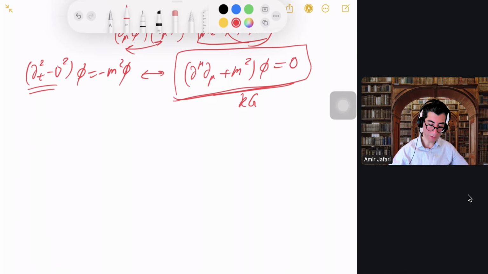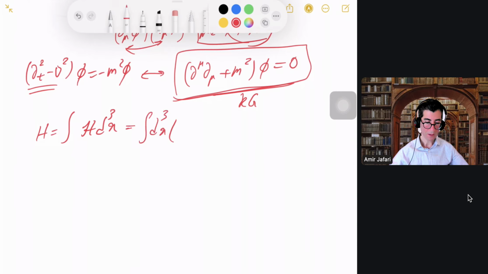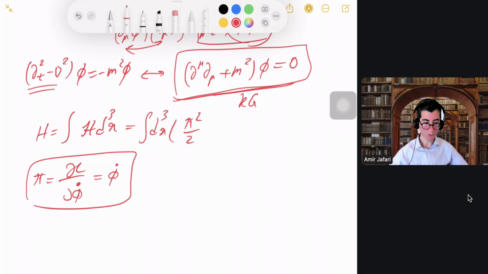So the Hamiltonian is the integral of the Hamiltonian density, and it's going to be what? Pi squared now, and pi, remember, dL over d phi dot, is phi dot, so it can be written in this way, plus m squared phi squared.